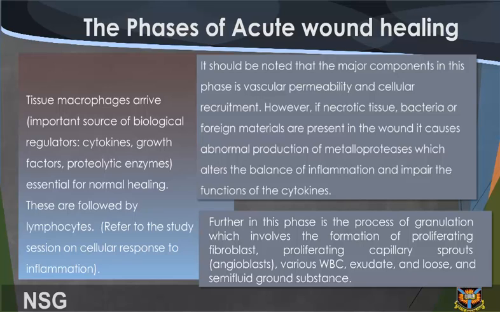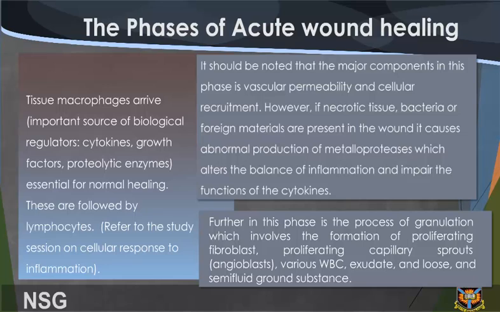These are followed by lymphocytes. Refer to the study section on cellular response to inflammation. It should be noted that the major components in this phase are vascular permeability and cellular recruitment.